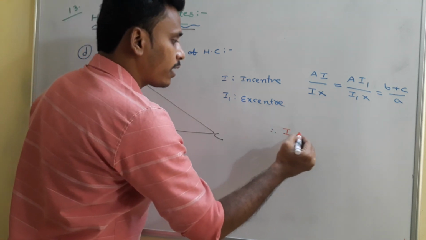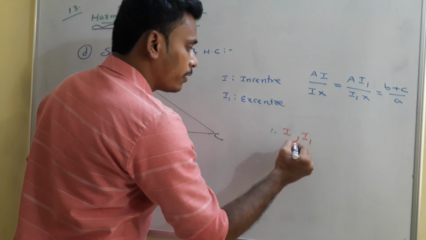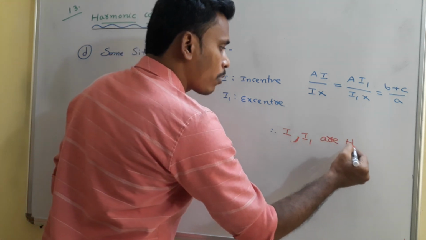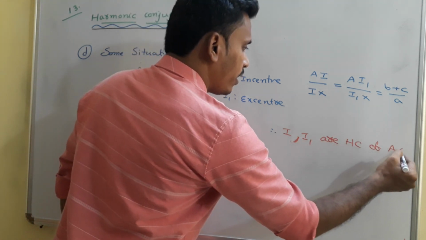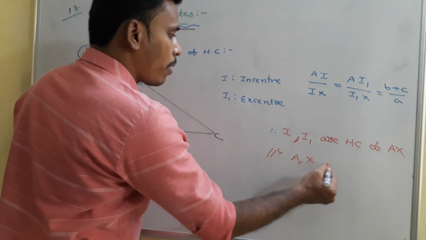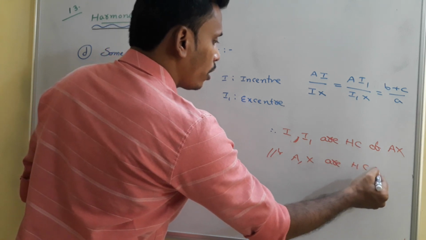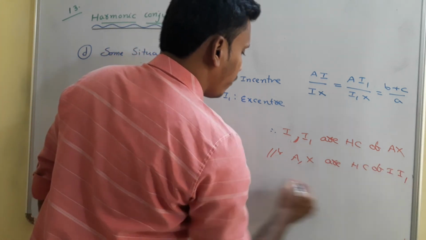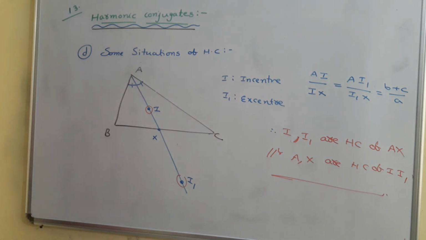So it is very clear that I, I1 are harmonic conjugates of the line segment AX. Similarly, A, X are harmonic conjugates of II1. These are different situations where we use harmonic conjugates in regular geometry, and with the idea of harmonic conjugates it is easy to solve problems and analyze situations in geometry. So this is completely about harmonic conjugates. Have a look.